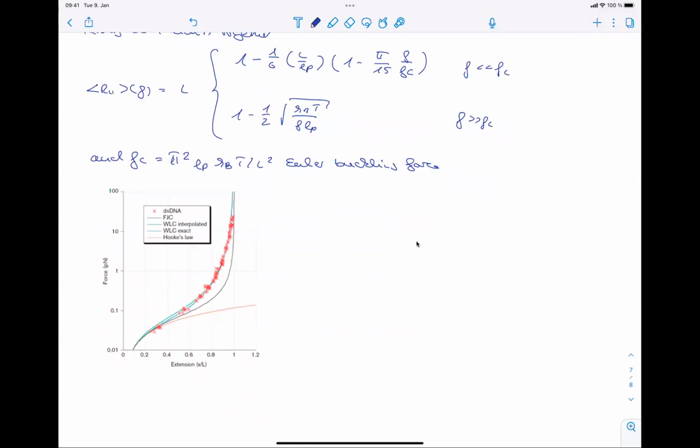And so indeed, if we now look at the results of the force extension curves, we see that here we have in green the worm-like chain interpolation, that's the weakly bending rod approximation, and in blue there's an exact result and it nicely captures the dynamics of the DNA.